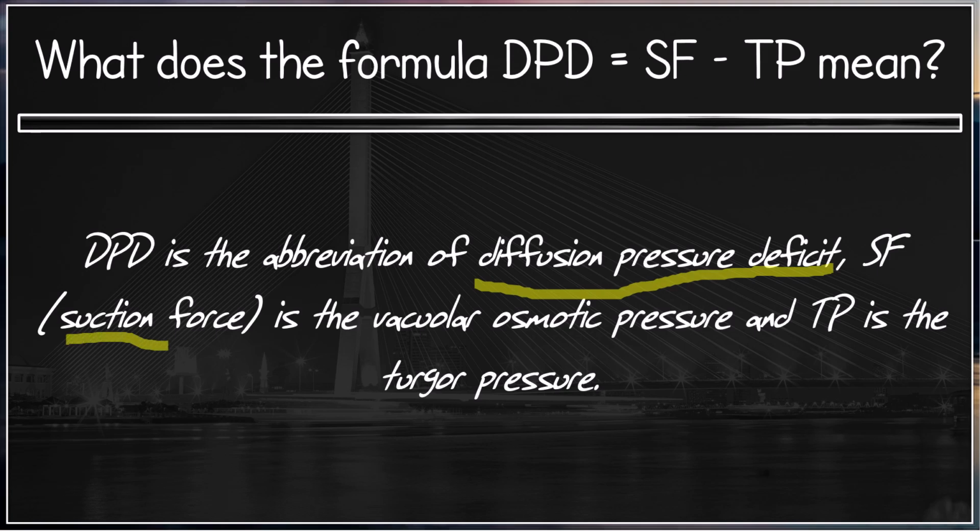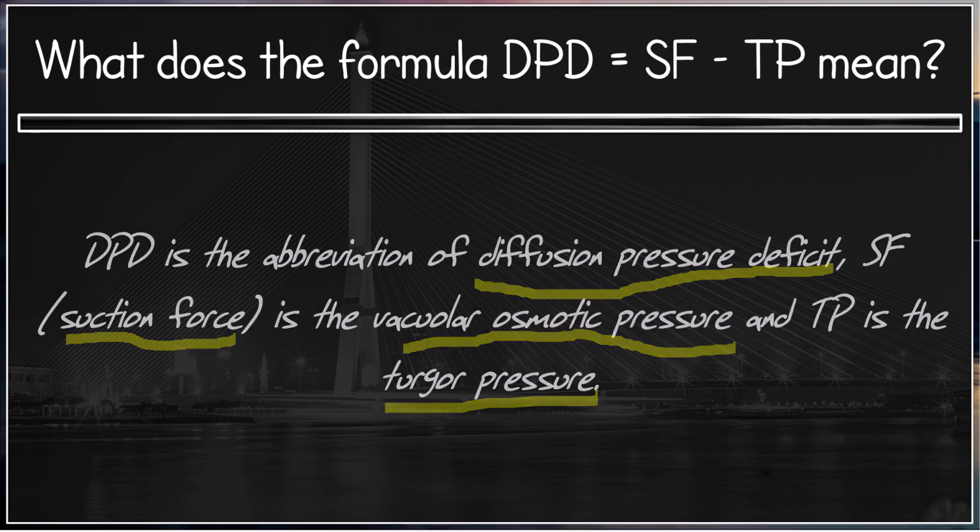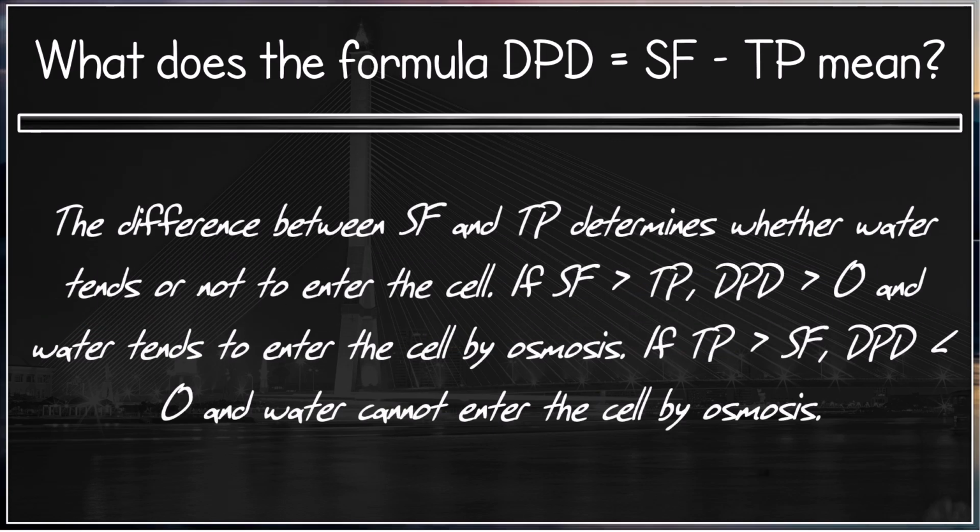SF, suction force, is the vacuolar osmotic pressure, and TP is the turgor pressure. The difference between the suction force and the turgor pressure determines whether water tends to or not to enter the cell.